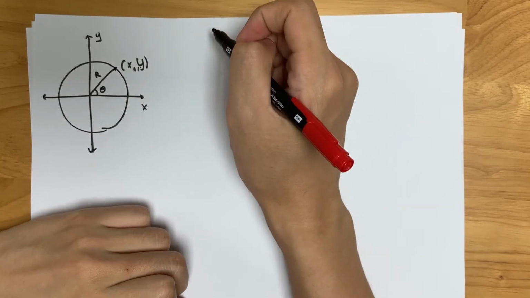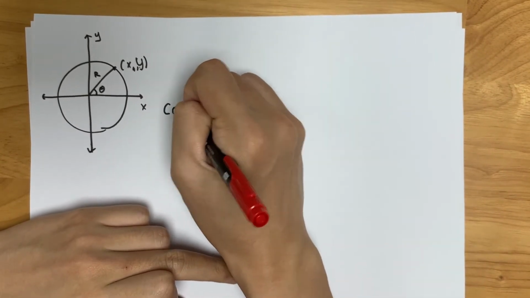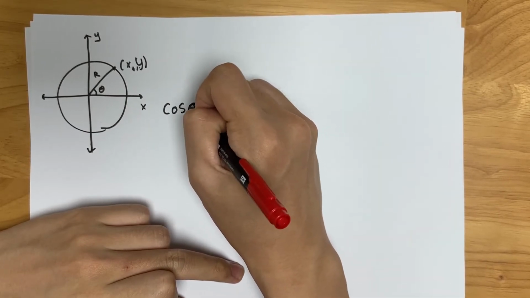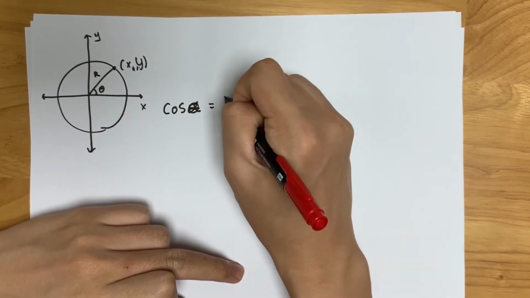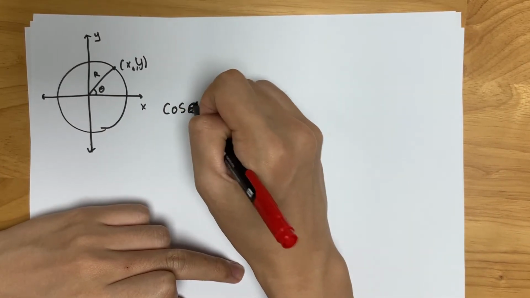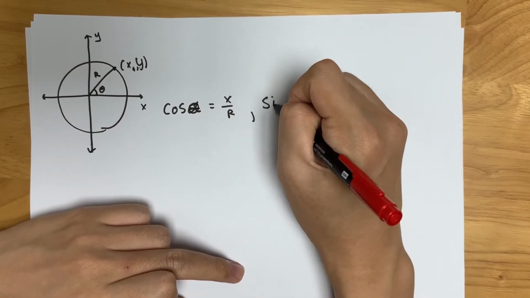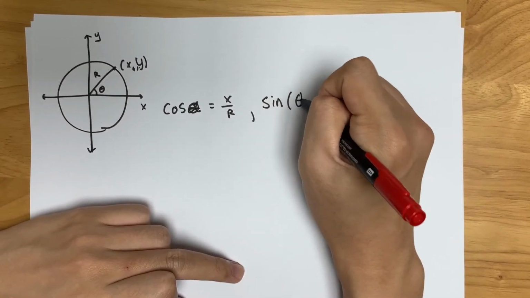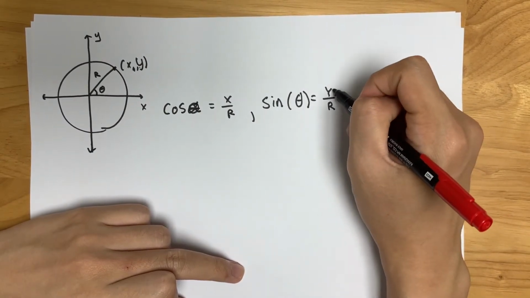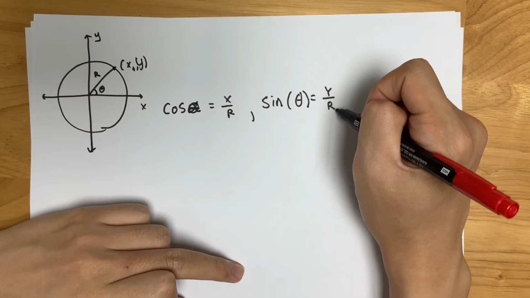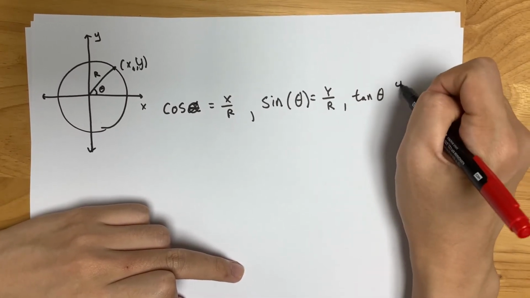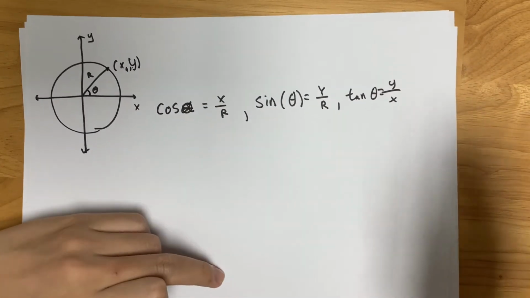First of all, I'll tell you SOHCAHTOA. Actually, this is angle theta, right? Cosine theta is X over R. Sine theta is opposite over hypotenuse, Y over R, and tangent is Y over X. Okay, don't get confused.